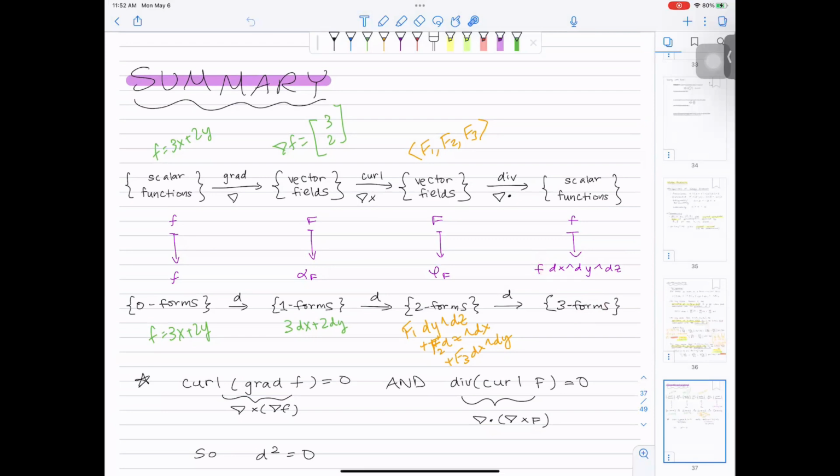Yes, if they said which of these, I think that's a tricky question because they would have to distinguish whether they are talking about this scalar function or this scalar function. If you have a scalar function, yes, you could say that it has a corresponding three form written in this way.